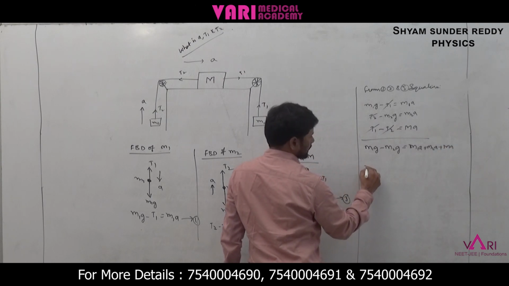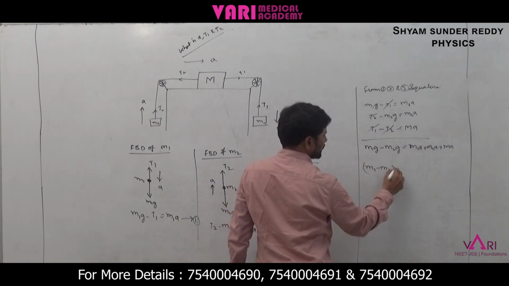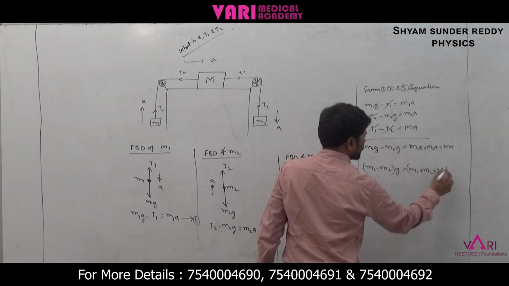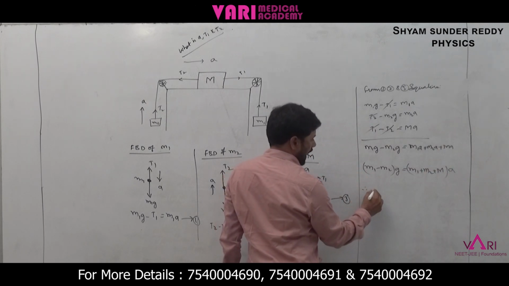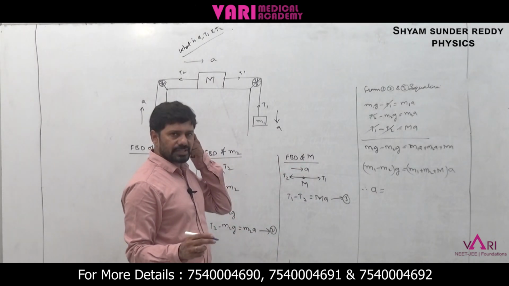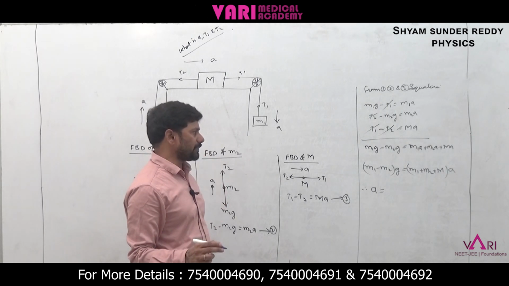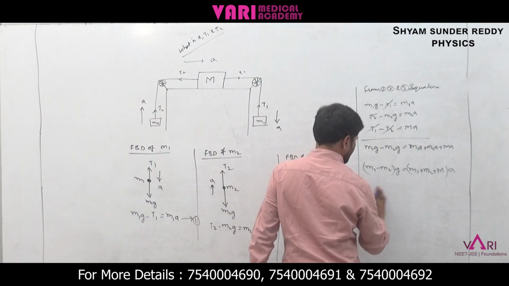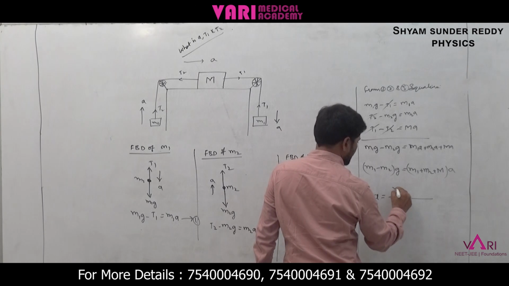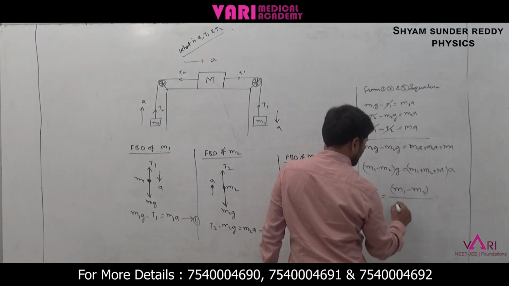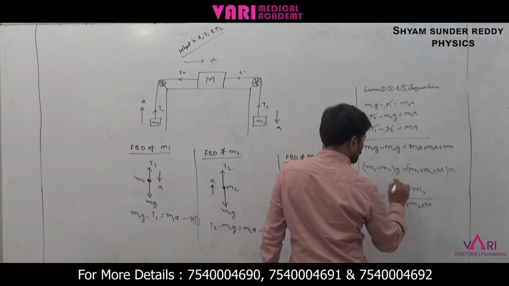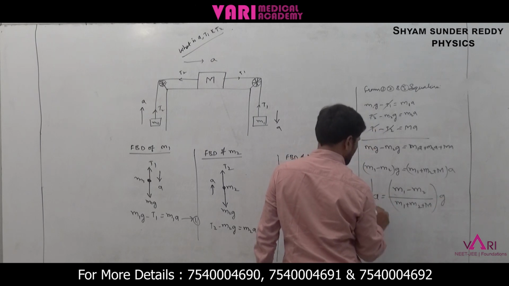So (m1 minus m2) into g is equal to (m1 plus m2 plus M) into A. Therefore, the acceleration A is equal to (m1 minus m2) by (m1 plus m2 plus M) into g. This is the acceleration.